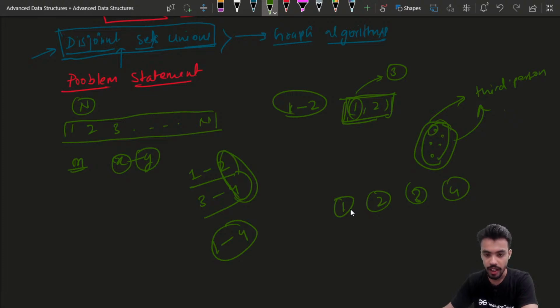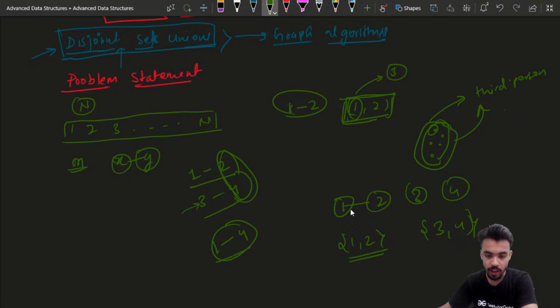Now 1 is a friend of 2, so in our set we have 1 comma 2 as a group of friends. Again we get a query of 3 comma 4. Now 3 and 4 are each other's friends, so we can make a set of these two friends.